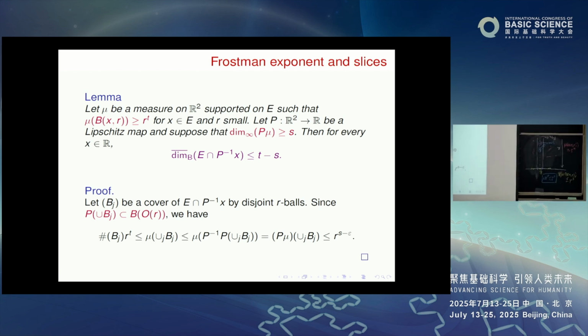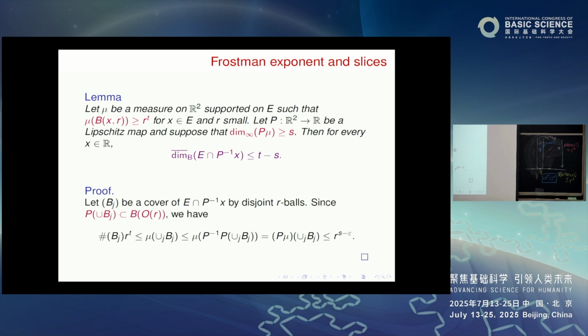By counting how many balls we have upstairs, we have a lower bound in R to the T. On the other hand, looking at this as the projected measure, we get an upper bound R to the S. So we compare these two expressions, and we get this.